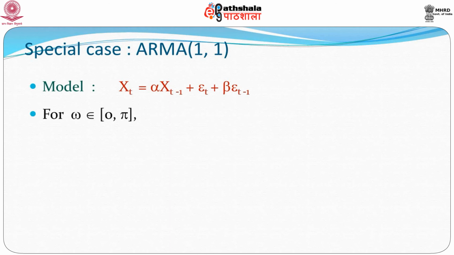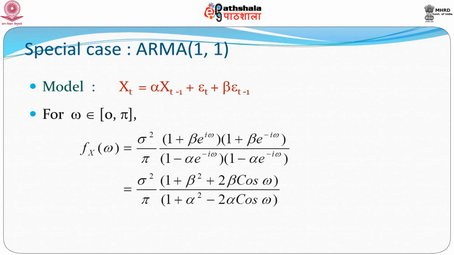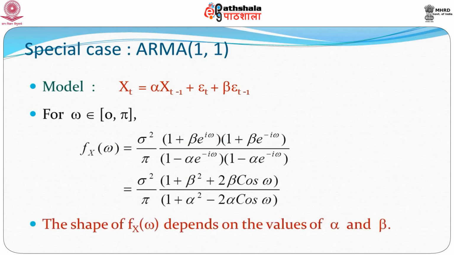So for omega belonging to 0 to pi, this formula reduces to something like this, which on simplification gives us sigma square by pi into 1 plus beta square plus twice beta cos omega by 1 plus alpha square minus twice alpha cos omega. It's still not readily seen how the function looks, because this would be heavily dependent on what the values of alpha and beta are.